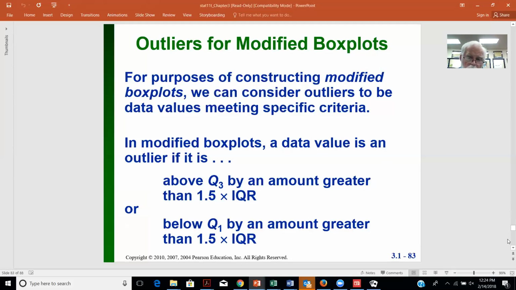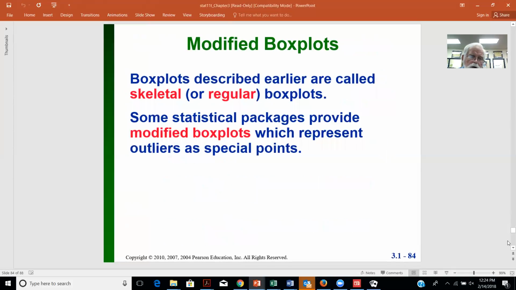There are a few others as well, but rule of thumb, again, we look at outliers and we try to determine whether the outliers need to be included in our analysis or if there's a rationale for making them a special case. In something called a modified box plot, we treat them as special cases, special points of data. When they're way outside the range, we have to ask ourselves why.